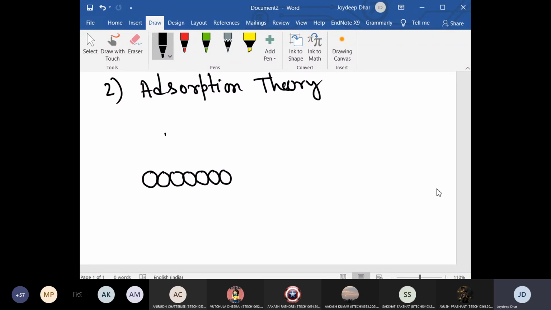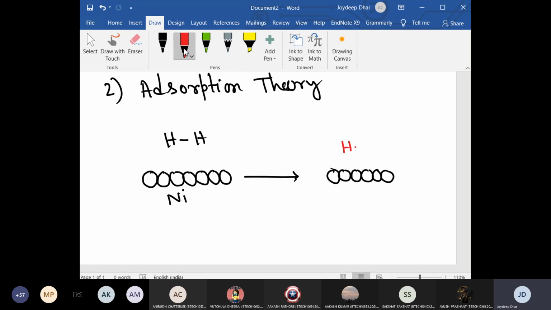So hydrogen gas, initially it will come, and in the second step, on the surface of the metal, let's say this is a nickel metal, there will be some weak interaction with the hydrogen. So that hydrogen bond will now be weaker, as hydrogen will now interact with the metal surface.